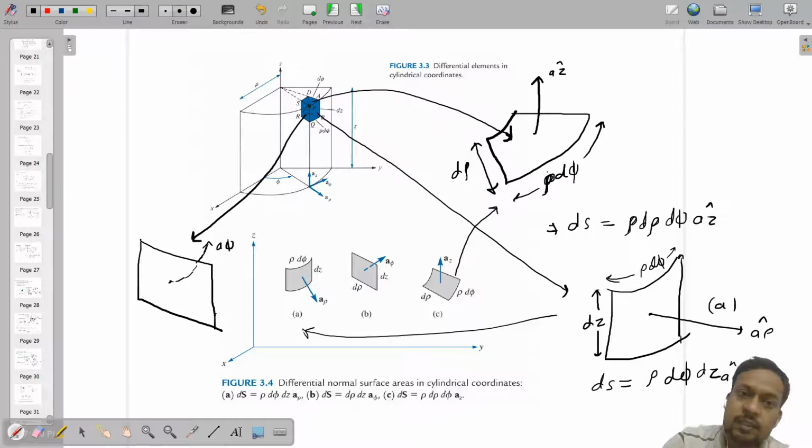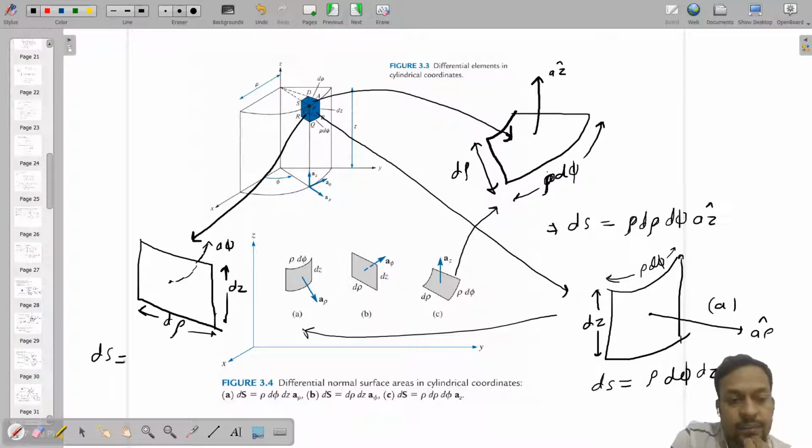We can consider the back surface also, but for better visualization, I have taken this front surface. Here we have two varying lengths: the first is in the z direction, dz, and the second is the differential length along the radius of the cylinder, d rho. So the differential surface ds is written as d rho dz. This surface is drawn in figure B.